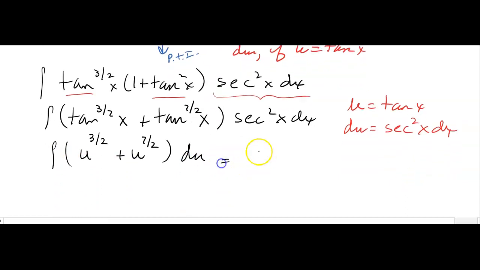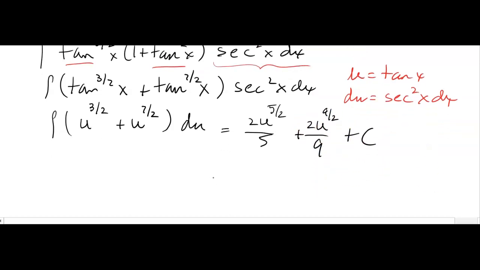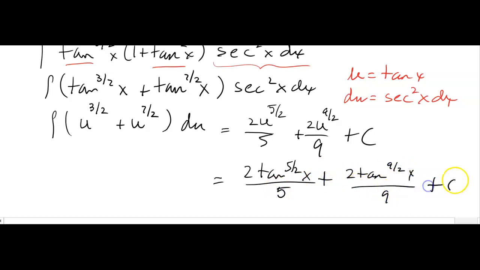You can do your derivatives. u to the 3/2 goes up to 5/2, so it becomes 2/5. 7/2 goes up to 9/2, becomes 2/9, plus c, and then just go ahead and put your tan back in, and you're done. Plus c. Done. Okay?